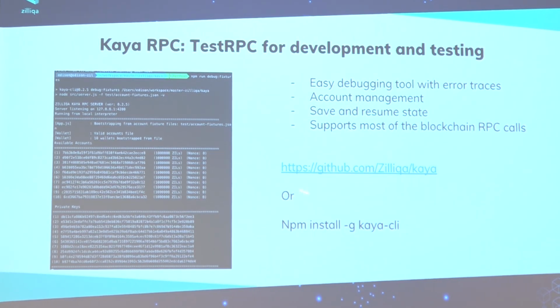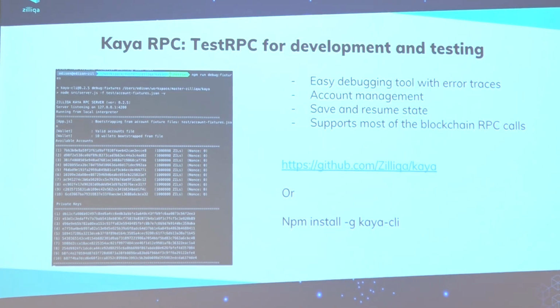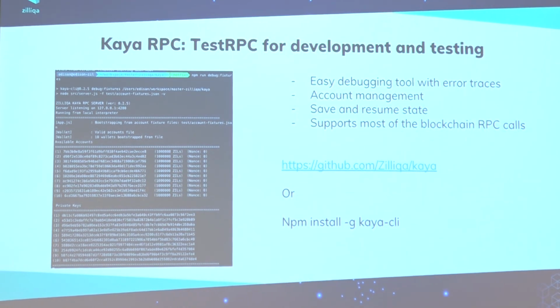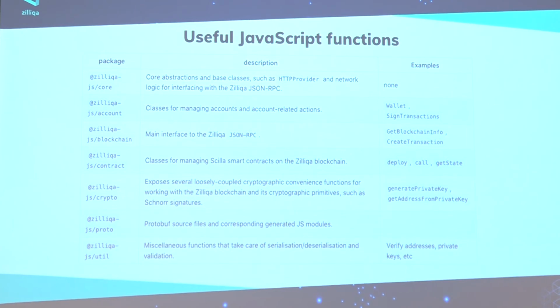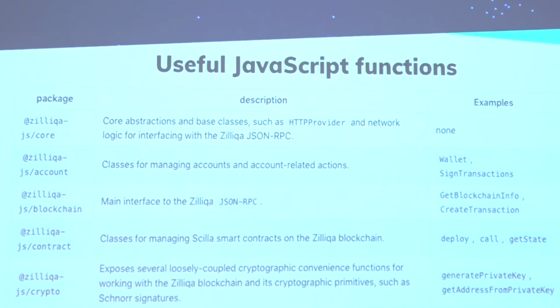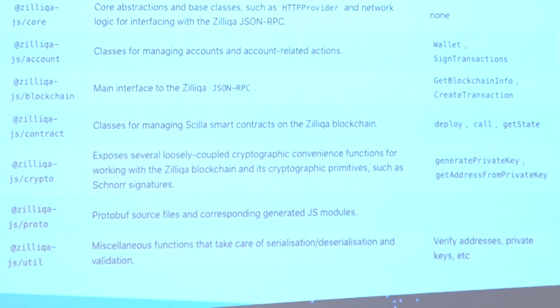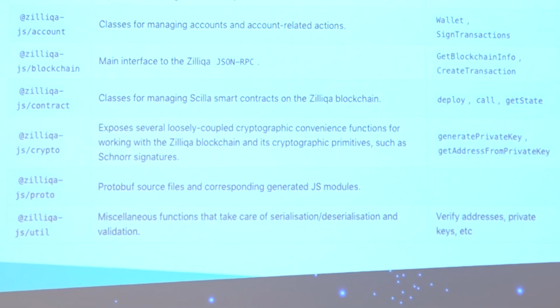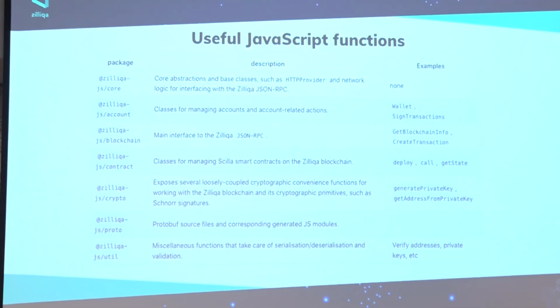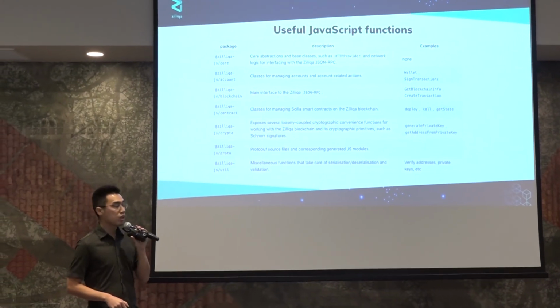There's an install link here, and you can go to the GitHub if you want to install this tooling. We have a JavaScript library right now, and we are planning to increase the language support with SDKs such as C#, Java, Ruby, and so on. Right now, this is the JavaScript library that we have, and these are the different kinds of functions that you can go into.